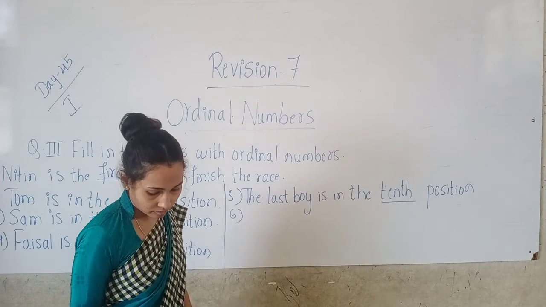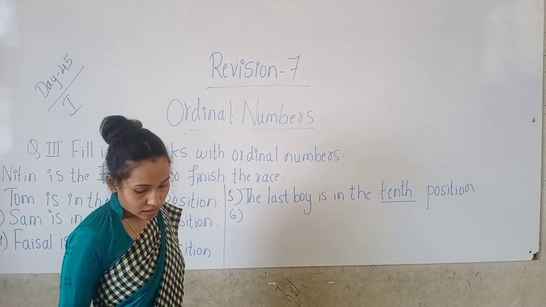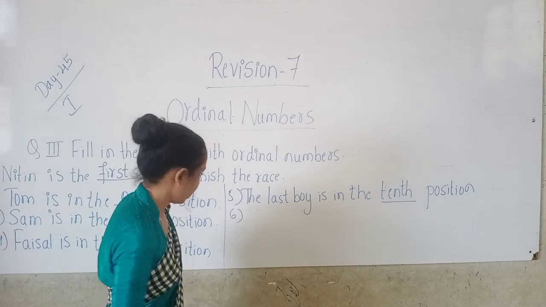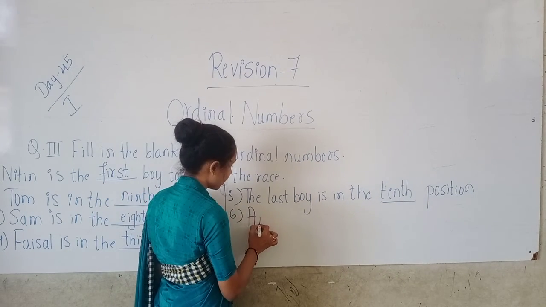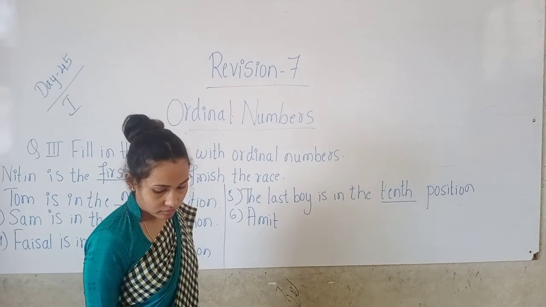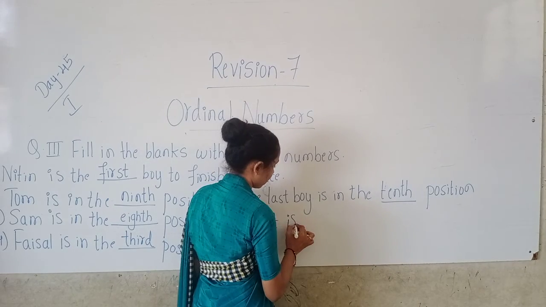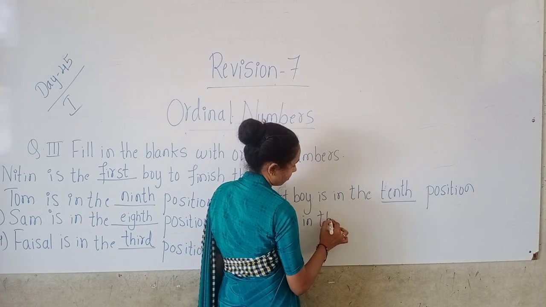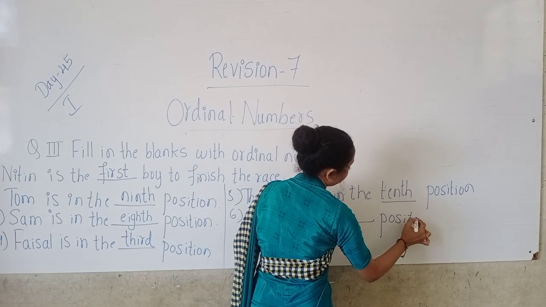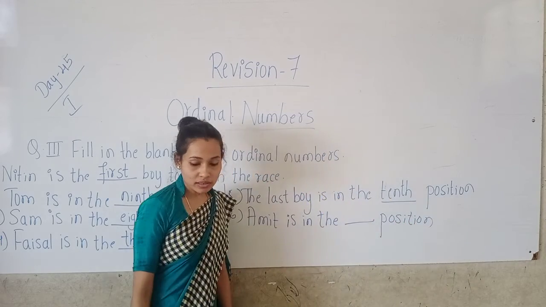Sixth one. Bob is behind Amit in the dash position. Amit is in the dash position. Can you see the position of Amit, children? What is the position of Amit?